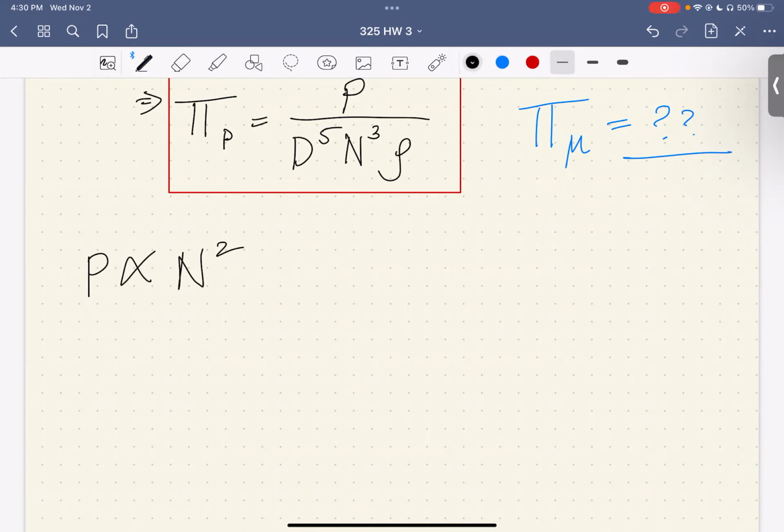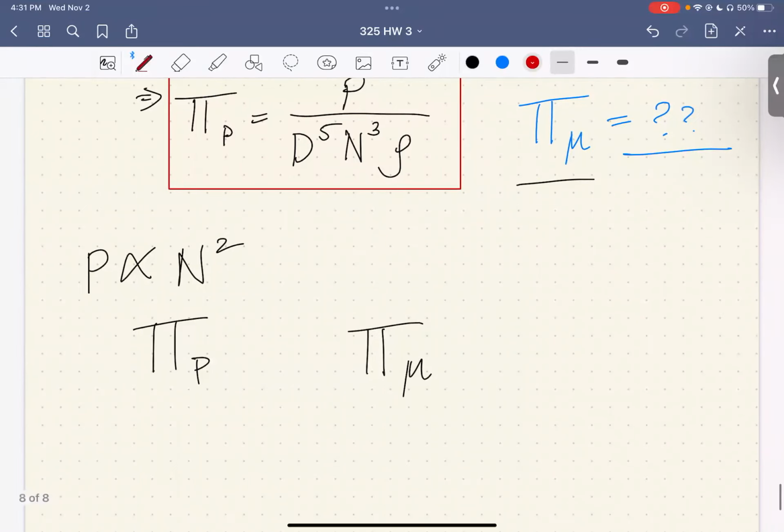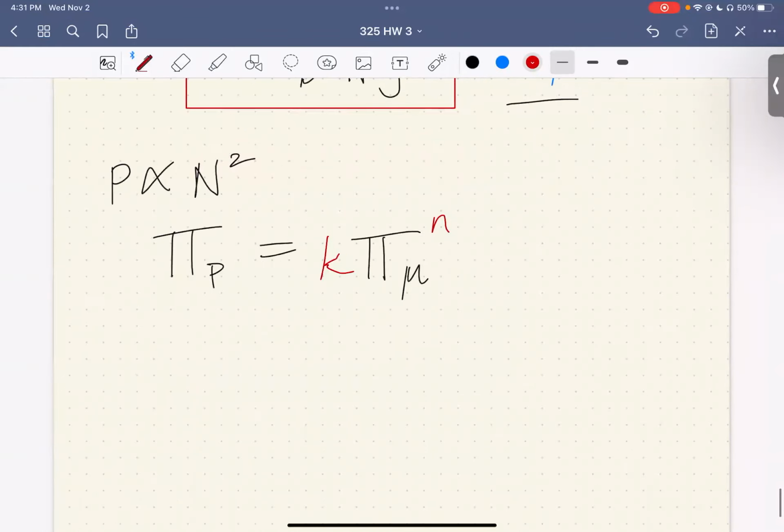So we know this, and after you figure out mu, you'll know this, right? And now there is some coefficient k and some exponent n that relates these two together. Also, if you did it the other way, if you used n, right?